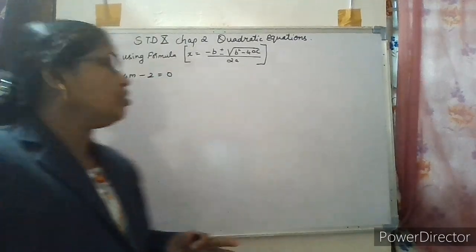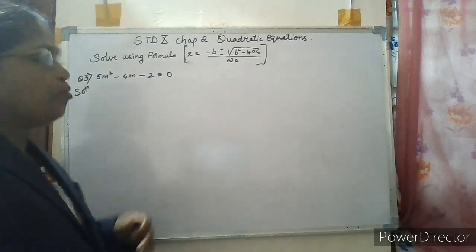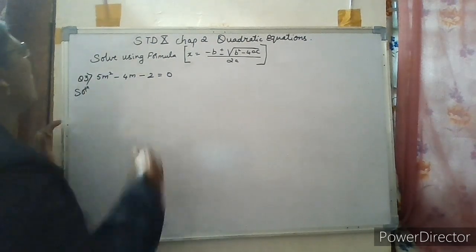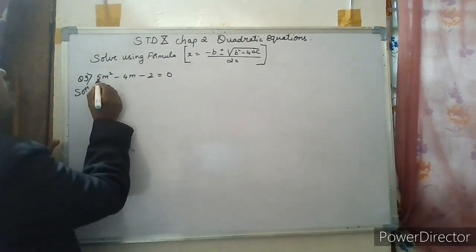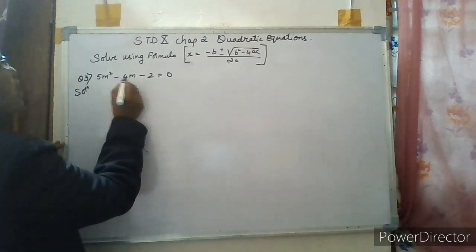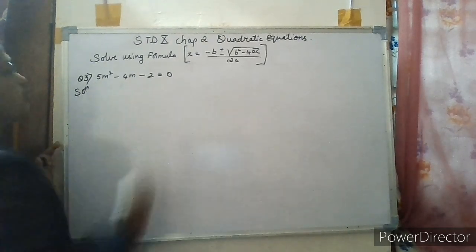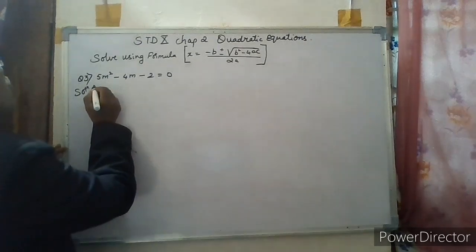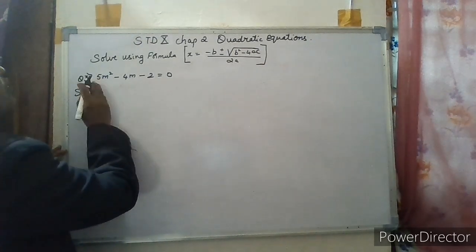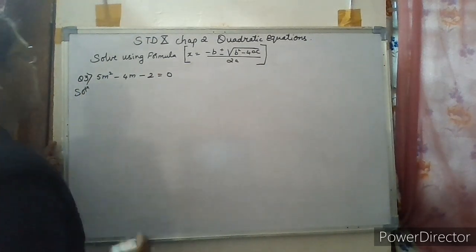Now, let us practice one more question. So, question number 3. Now, see here, it is 5m squared minus 4m minus 2 equal to 0. So, again in the same way, this is simply given in the general form.